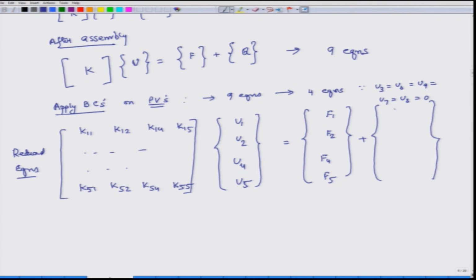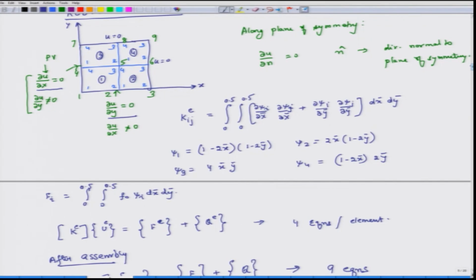I am going to erase this because it is generating some confusion. So this will be Q11 plus X, right, F1 will be Q11. Then Q2 will be Q21 plus Q12.